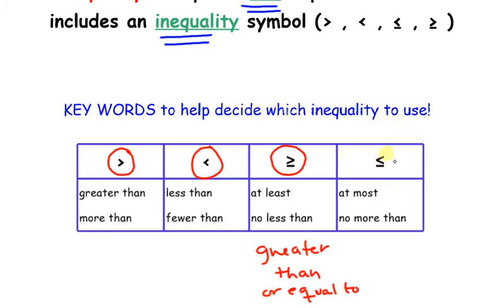This one right here is a less than sign with a bar under it. So it means less than or equal to. And again, make sure that you pause the video so that you can get all of those words onto your guided notes.